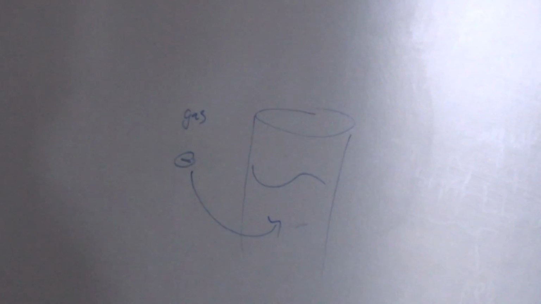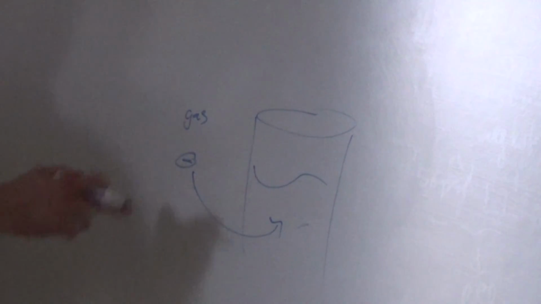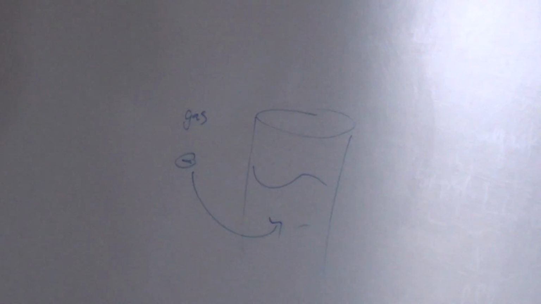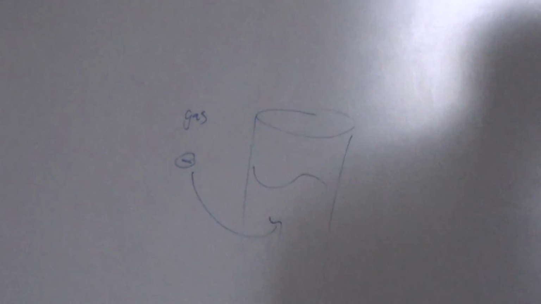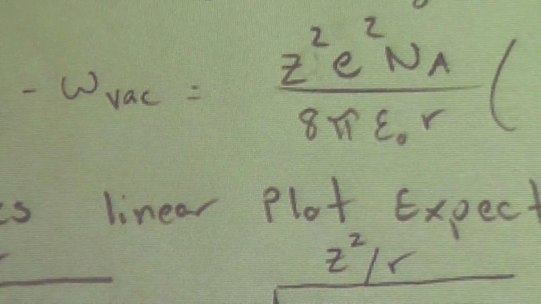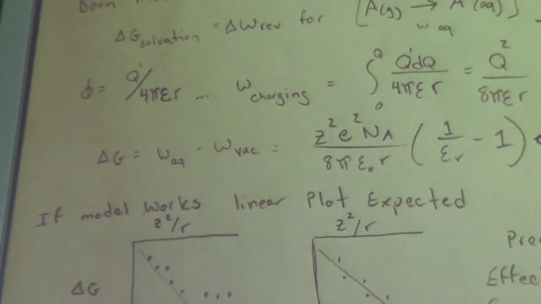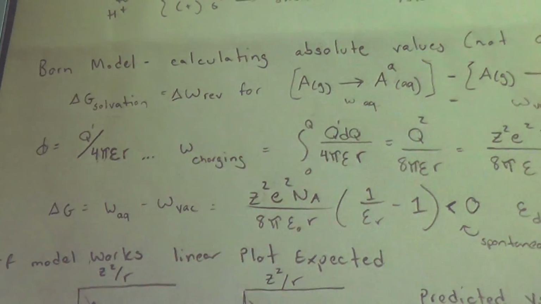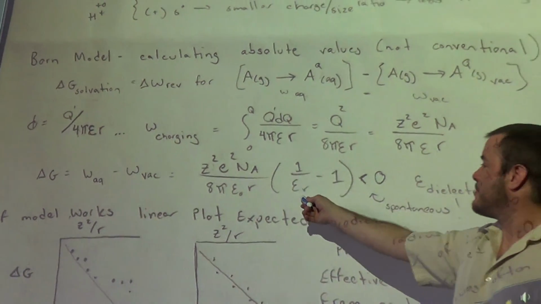The difference between those two energies is the relative difference in the energy between the ion in the gas phase and the ion in the solution phase. And so what you end up with, after you run those two calculations, is an equation that looks like this.